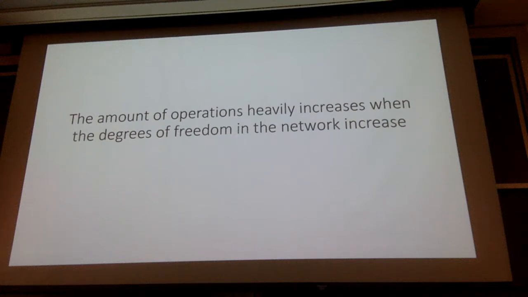In fact, the amount of operations actually increases almost exponentially when the degrees of freedom in the network increase. Do we all know what the degrees of freedom are? Does someone know what degrees of freedom are?